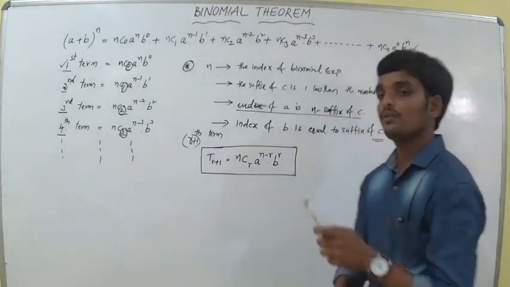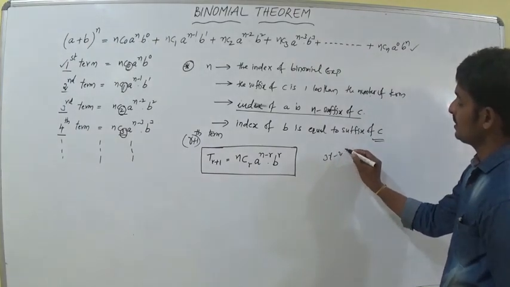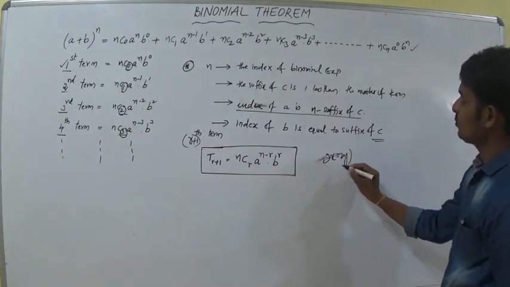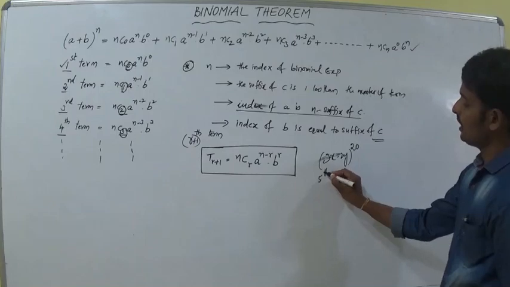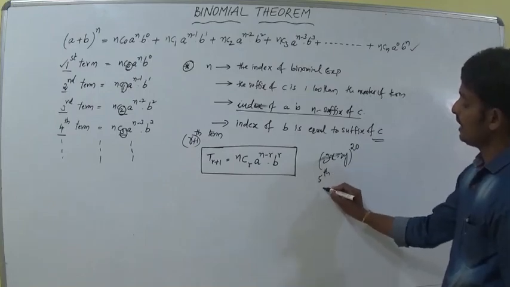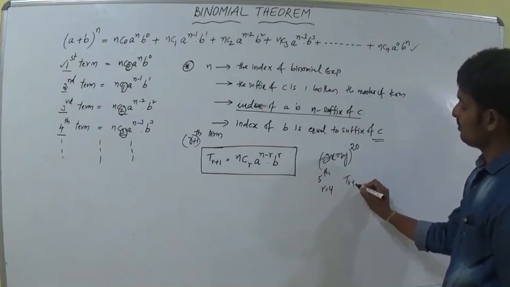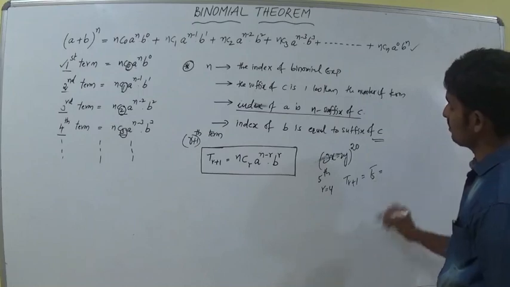So be careful, students. If they ask a question, for example, 3x minus 2y to the power of 20, and they are asking for the fifth term, now we take r is equal to 4. That means Tr plus 1, where r plus 1 is 4 plus 1, is equal to 5.